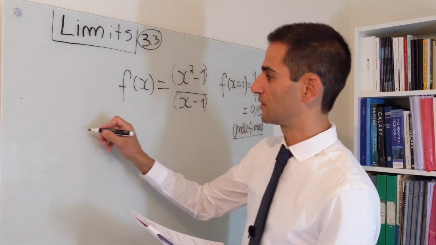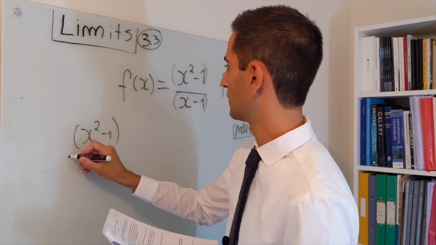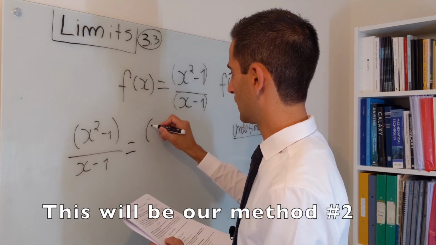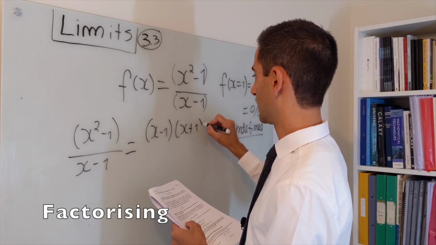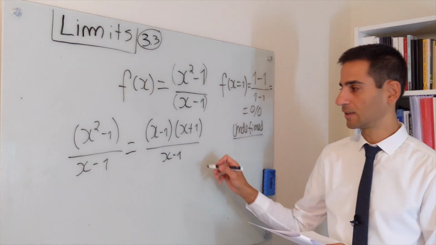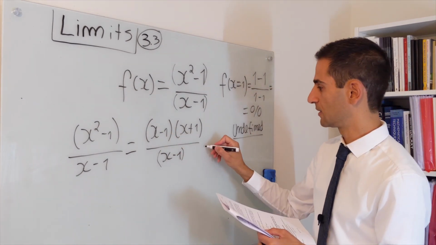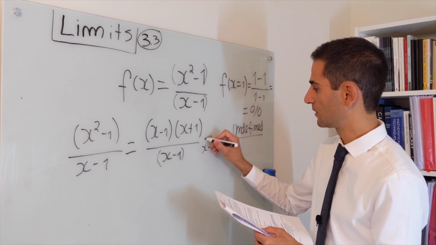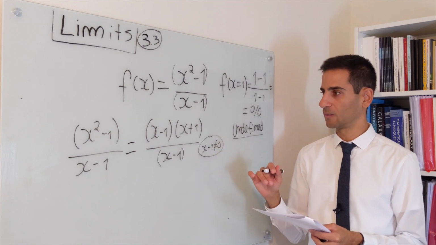So in this case, what you can do is write x squared minus 1 over x minus 1 as x minus 1, x plus 1 over x minus 1. It is important to understand that you will be able to cancel this because x minus 1 will be different from 0. That is because we're taking the limit, we're not really replacing it.